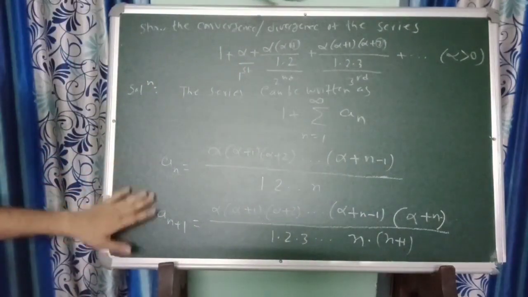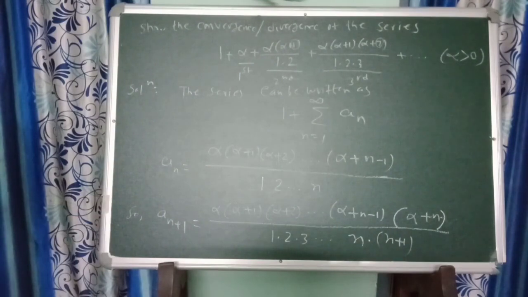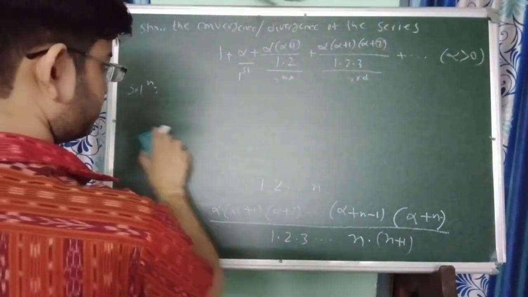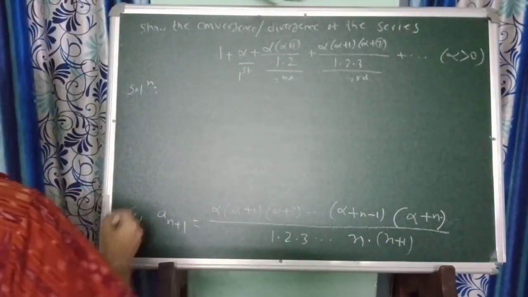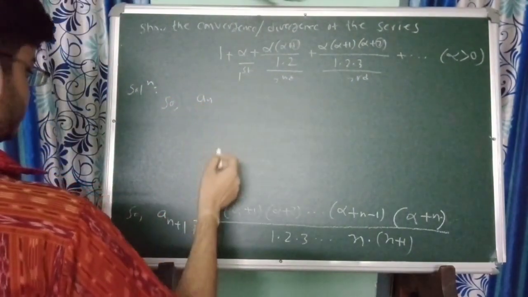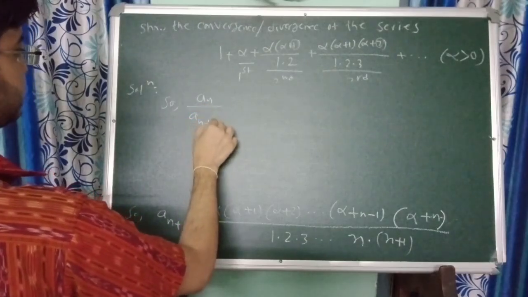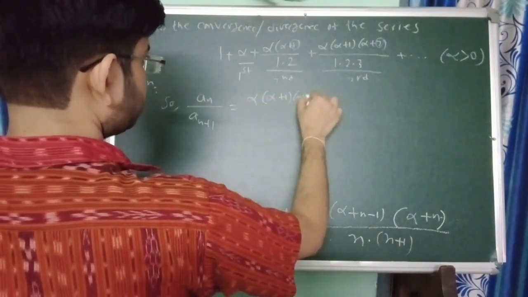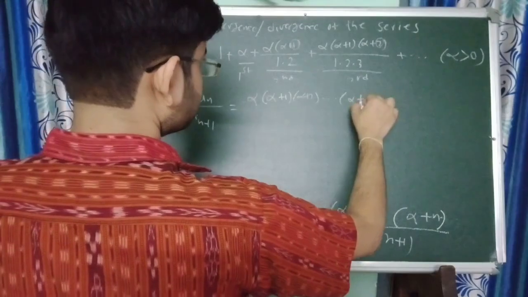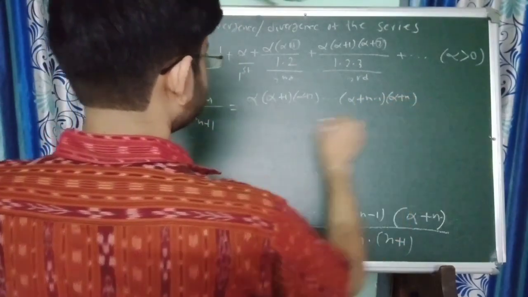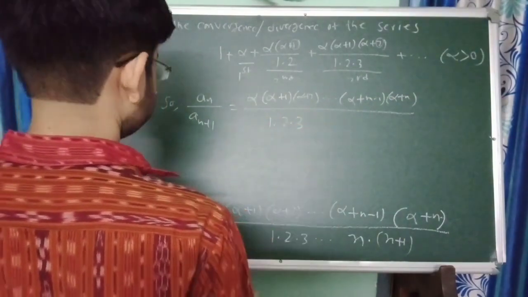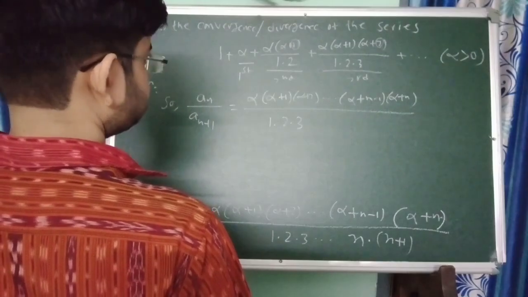So this is a_n and this is a_(n+1). So a_n divided by a_(n+1) is alpha plus 1, alpha plus 2, up to alpha plus n minus 1, alpha plus n divided by 1, 2, 3.